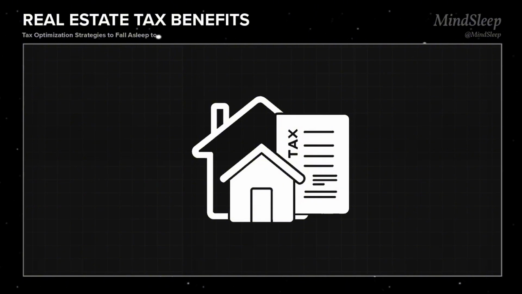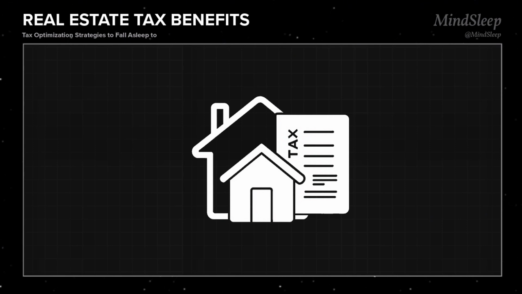Climate change concerns may lead to new tax incentives for energy-efficient buildings or sustainable development practices. The ongoing shift towards remote work could reshape demand for commercial real estate, potentially leading to new tax policies to address changing urban landscapes.